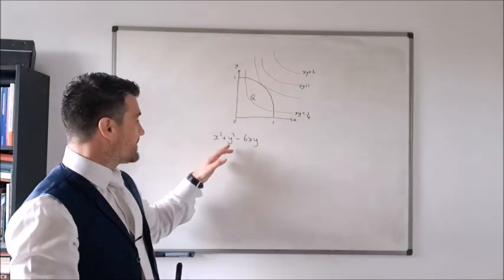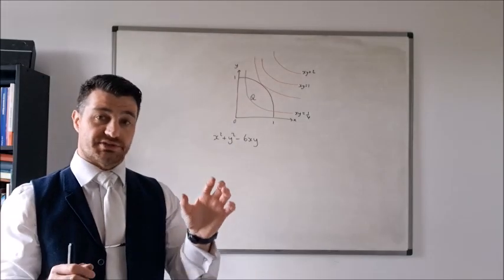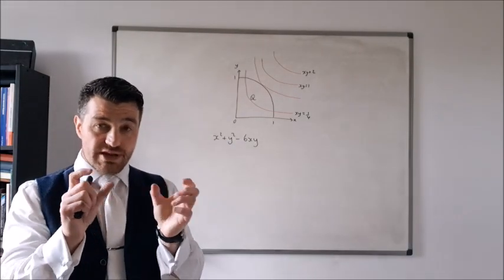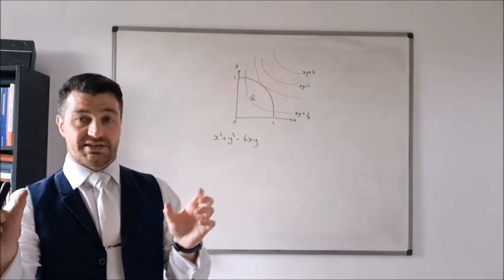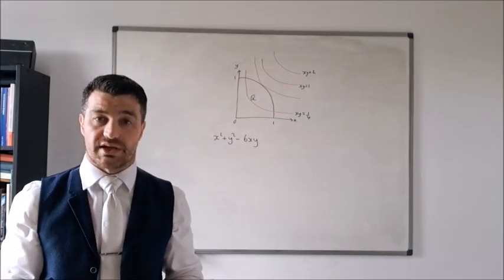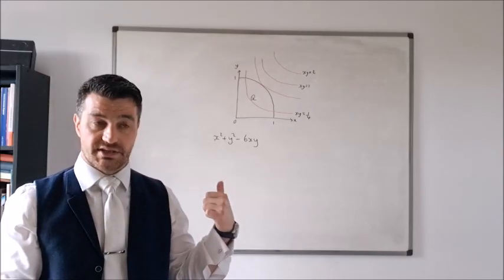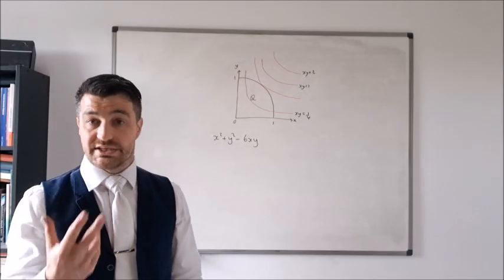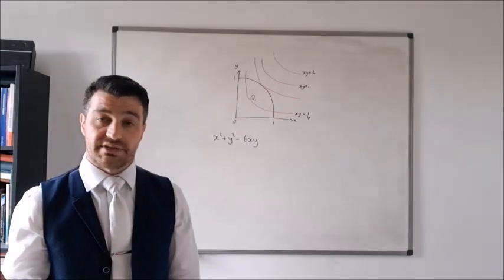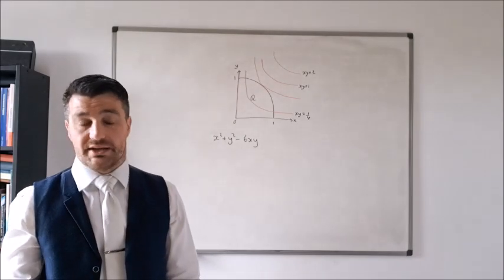When I had x squared plus y squared plus 4xy, I was able to rewrite the expression in a particular way such that I could maximize this bit and maximize that bit simultaneously. Can't do that now in this particular case. So this is what I'm talking about. If you're in a different situation, you're going to have to do something different. Okay, it's as simple as that.